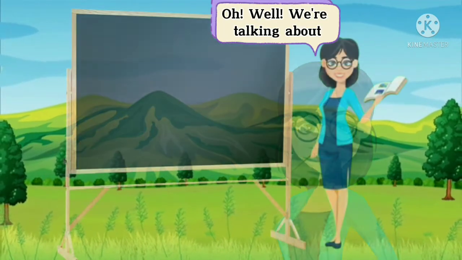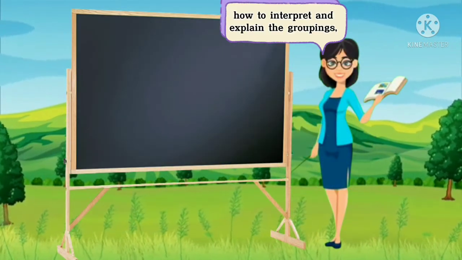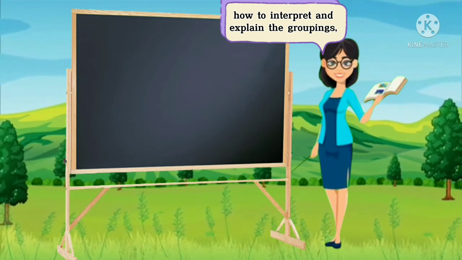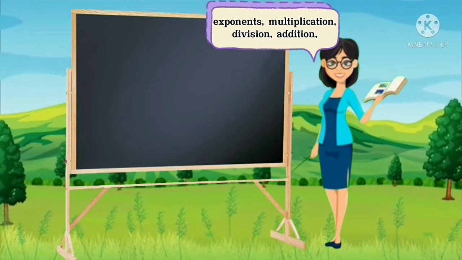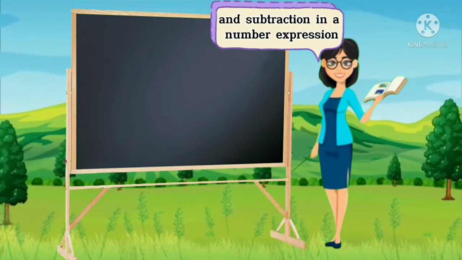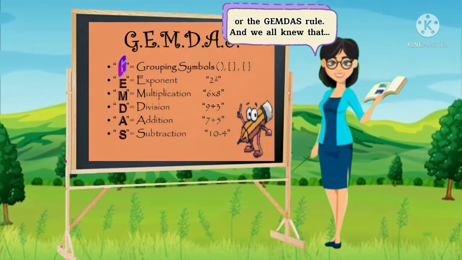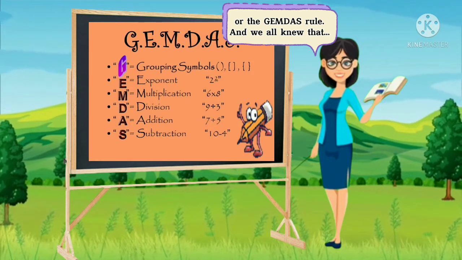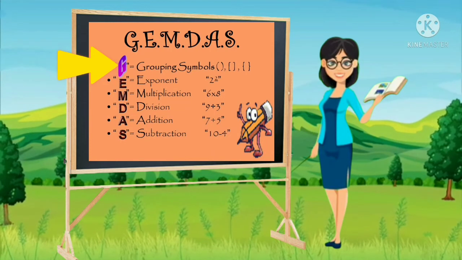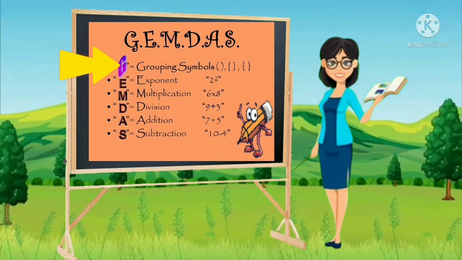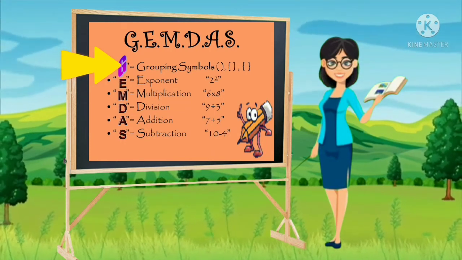Well, we're talking about how to interpret and explain the grouping, exponent, multiplication, division, addition, and subtraction in a number expression, or the GEMDAS rule. And we all knew that G stands for grouping symbols such as parentheses, brackets, and braces, and it is our first step to perform.